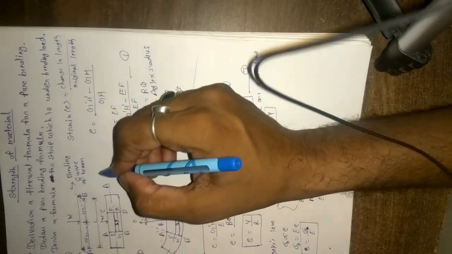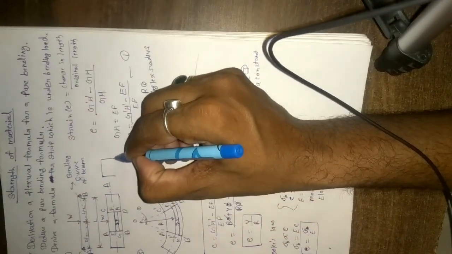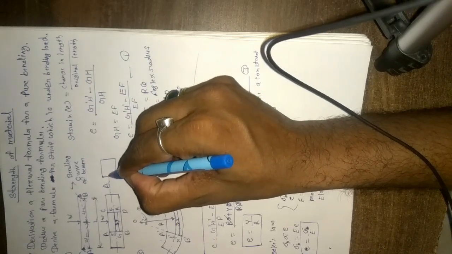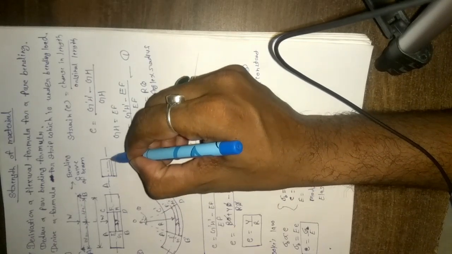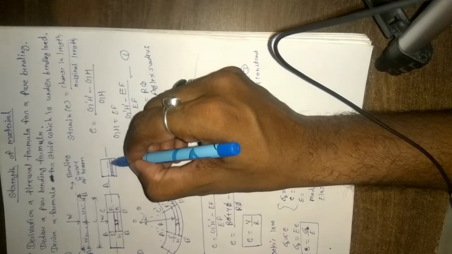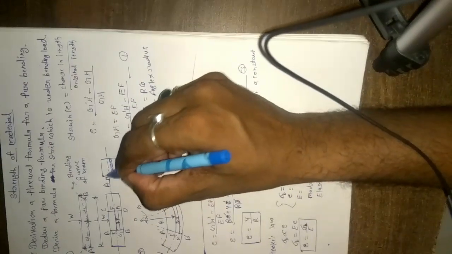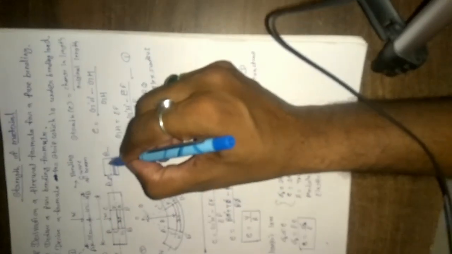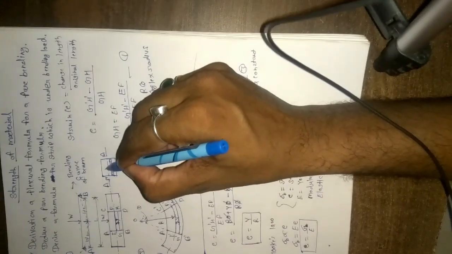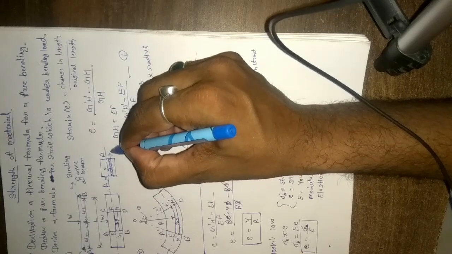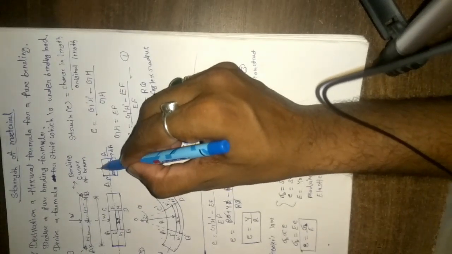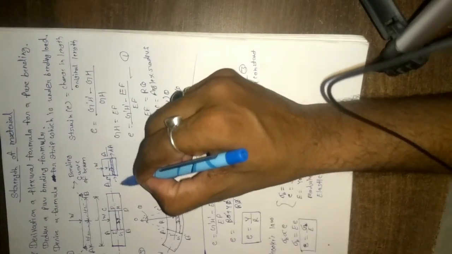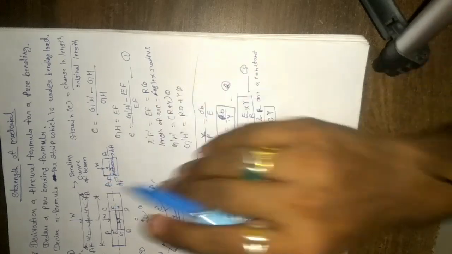Now come to this, the cross-sectional area. There will be a neutral axis and a force acting on this particular area. This length is y. The strip of area is dA, and the force acting on it is dF.